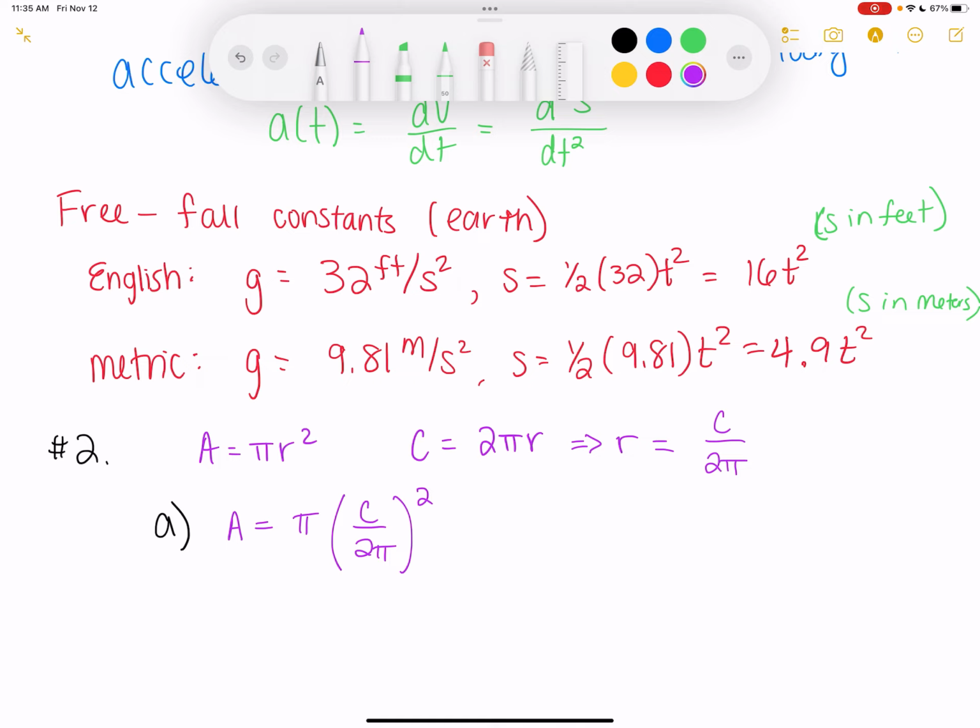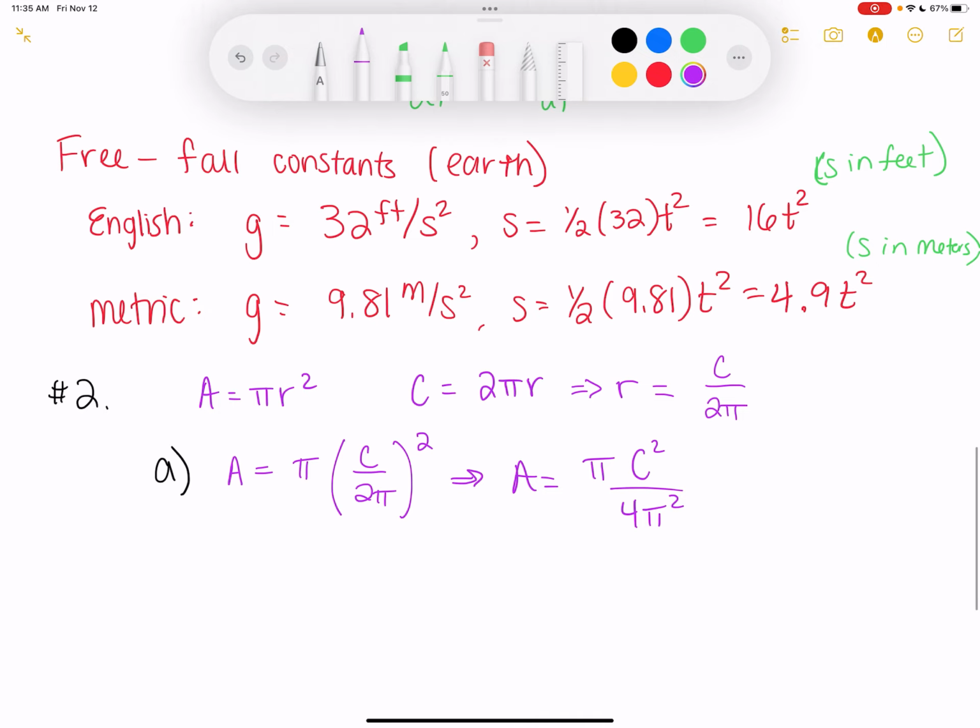That gives me area is equal to pi times c squared over 4 pi squared. Then I can simplify that down to A is equal to, 1 pi is going to cancel, c squared over 4 pi. And so that would be area as a function of circumference.